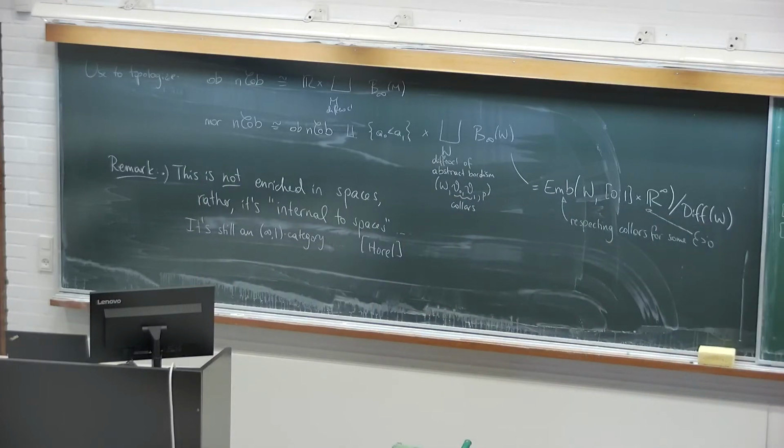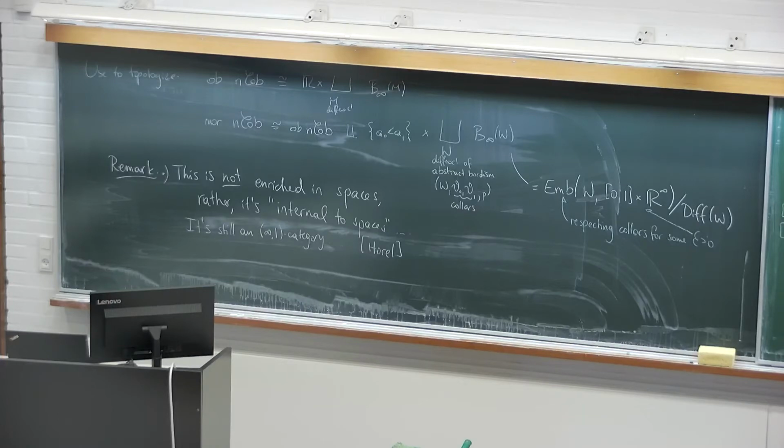Yes? Internal to spaces is something better than enriched. It's stronger. I'm not sure I would say better. No, better is the wrong word, but I was confused when you wrote it's not enriched in spaces, rather it's internal. You could forget to, that's what this is saying.